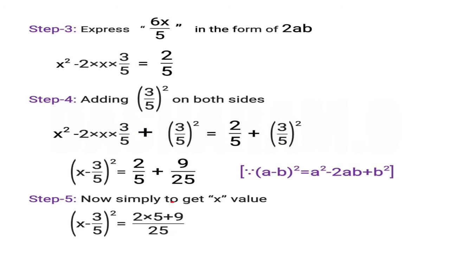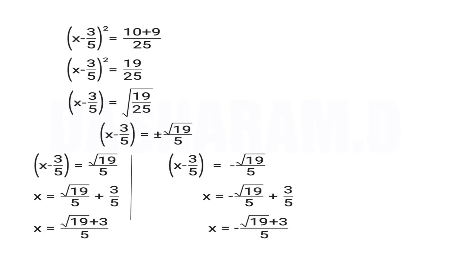So 2 into 5 plus 9, divided by 25. 2 into 5 is 10, plus 9 is 19, so 19 by 25. Now this square is transposed to the RHS, and it becomes a square root. So root of 19 by 25. 19 is not a perfect square number, but 25 is a perfect square number. So plus or minus root 19 by 5.